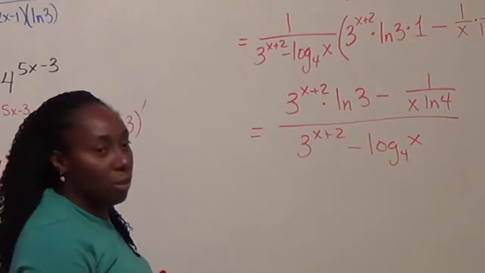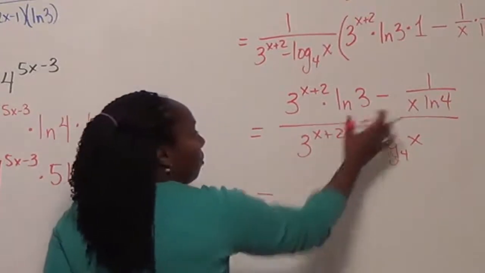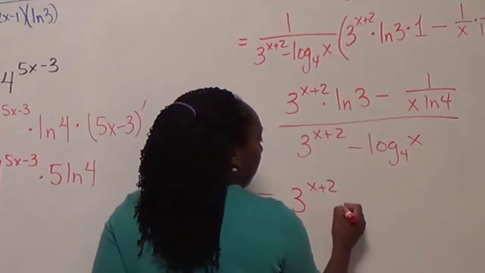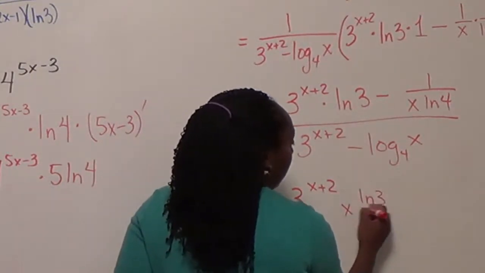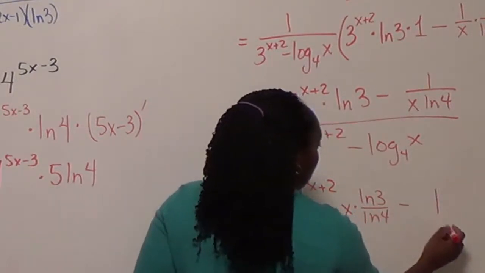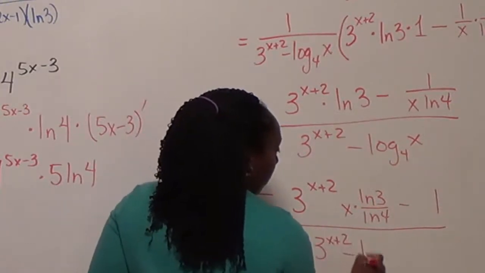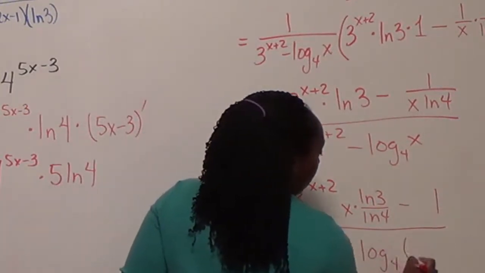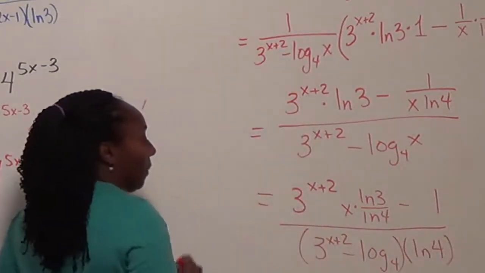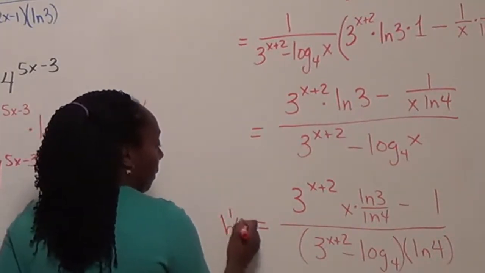Last thing to do is get that common denominator, so we get rid of the complex fraction. So we'll multiply by x ln of 4. There's our h prime of x.